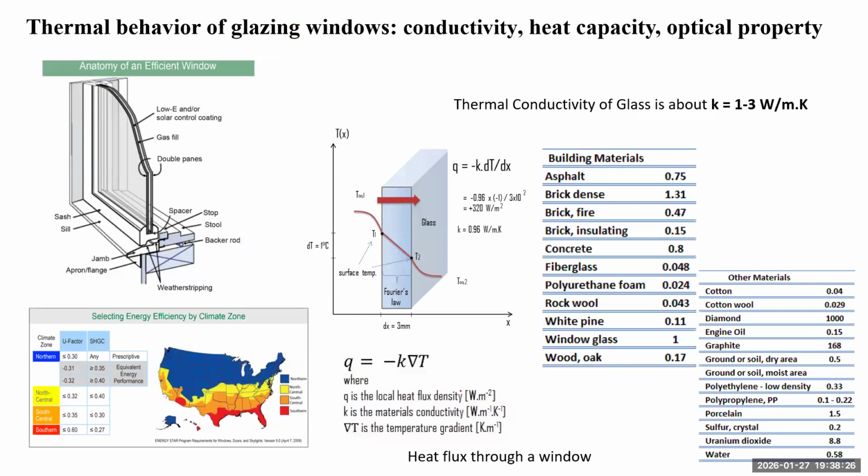For windows, we have to consider their thermal conductivity, heat capacity, and optical properties. Following my suggestion, we can see that in the United States, based on different climate zones, they have different recommended values for the U value and the solar heat gain coefficient.